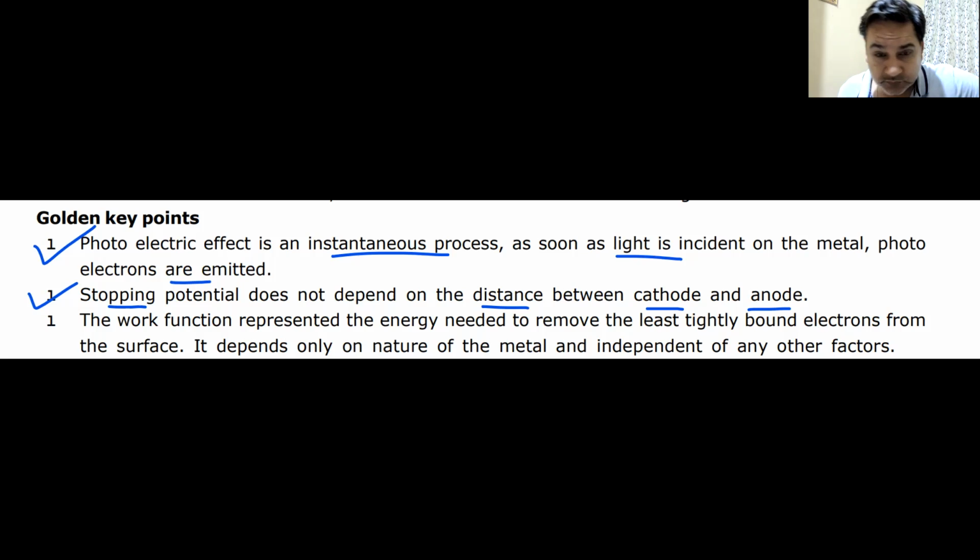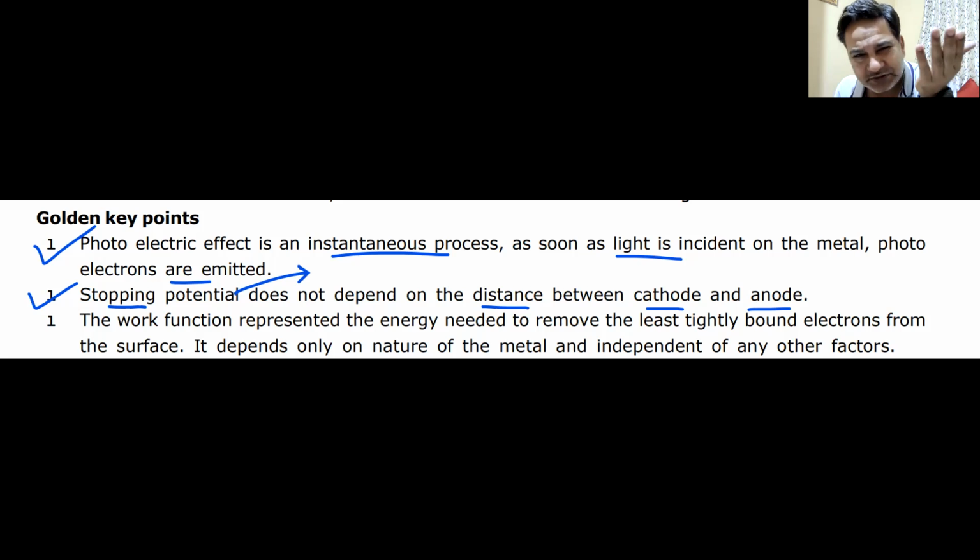Intensity of light. No, it does not depend on the intensity of light. Again, you've not read, you've not gone through the class thoroughly. Stopping potential depends on only two things.